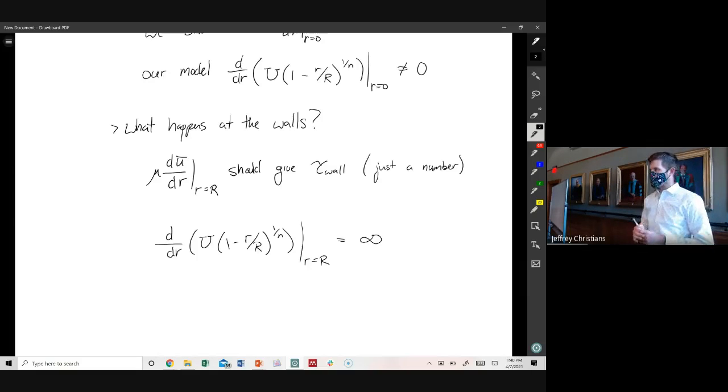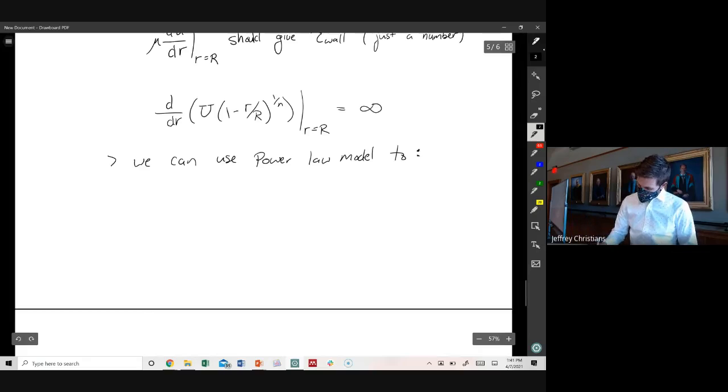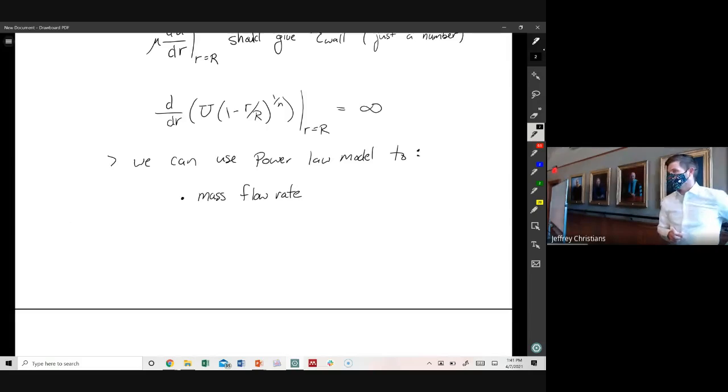So for this specific model, it fails on these two counts. What does it do relatively well? We can use it to look at the mass flow rate in our pipe.